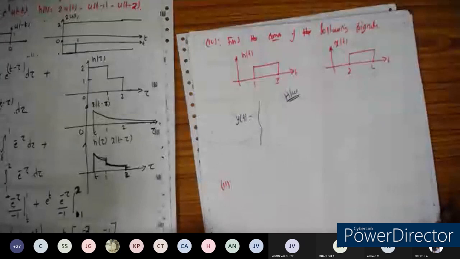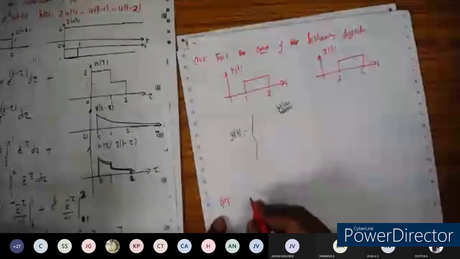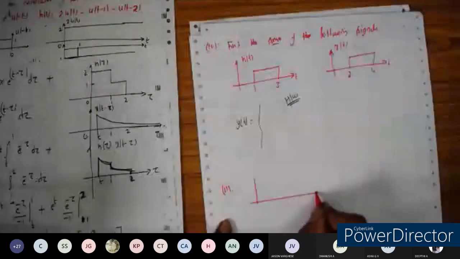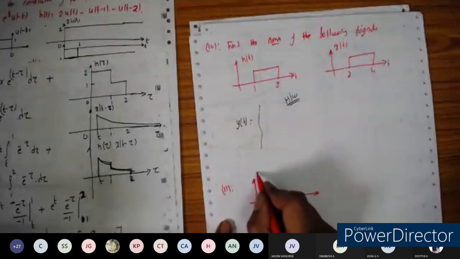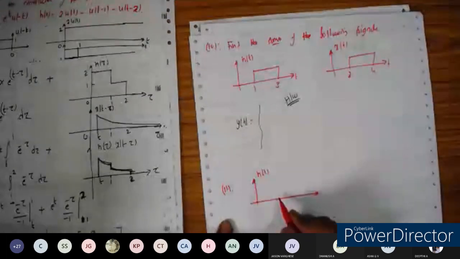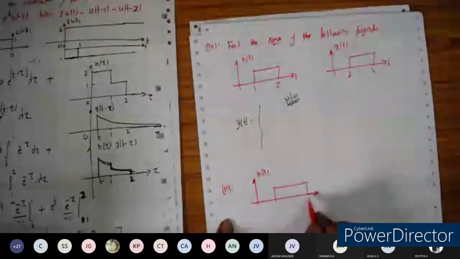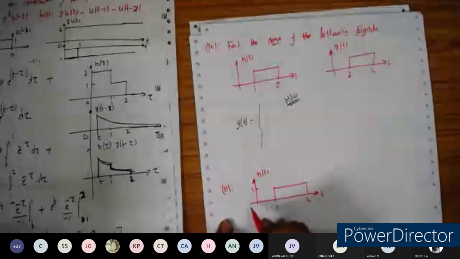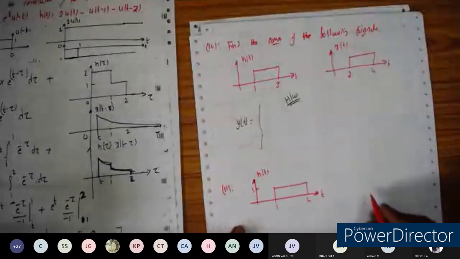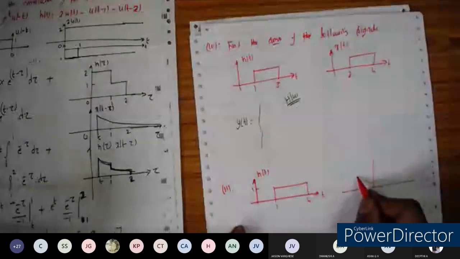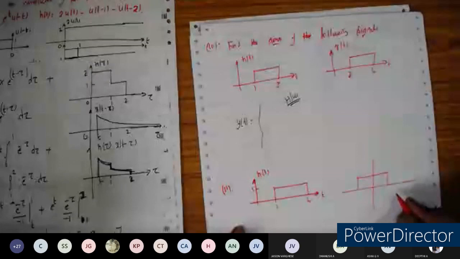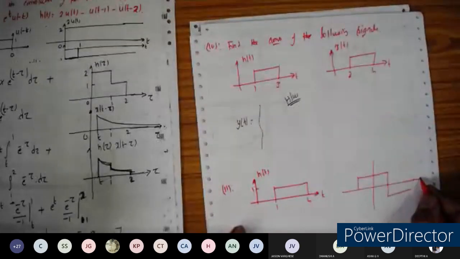Take the next problem, a similar kind of problem but with different voltage levels. This is the x of t. One is h of t, which takes the value 1 from 1 to 4. And the other one, from -1 to +1, positive voltage, and again from 1 to 3, having the negative voltage.